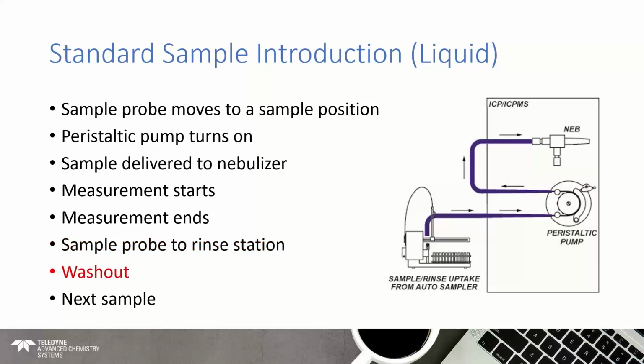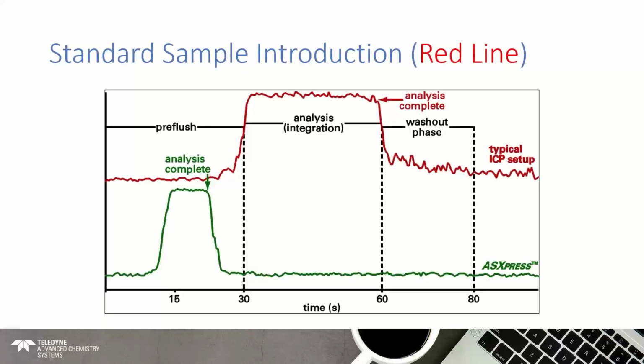After a certain amount of time determined in the operating software, the lines between the sample probe and the nebulizer will be washed out, and we'll be back down to baseline and ready for our next sample. All of that takes a certain period of time, determined by the tube length, the pump speed, and the analyte sweep that we're measuring at the time. Just to show you how this looks in graphical form.